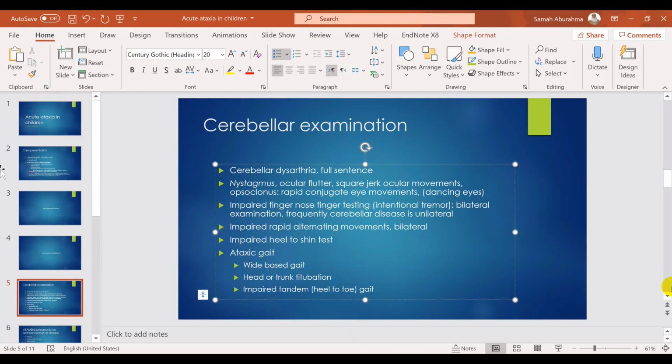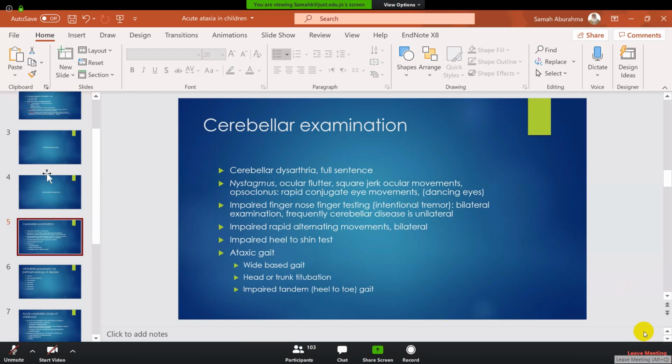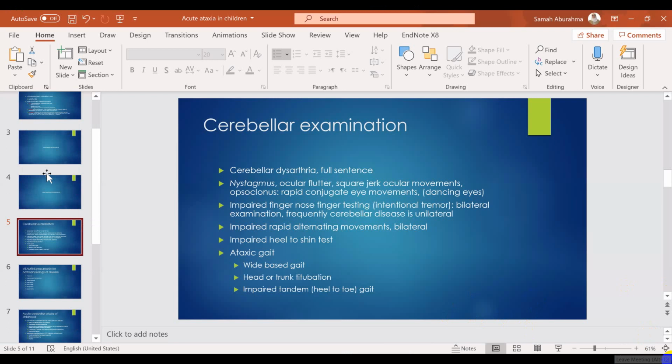All right. So, we talked about the patient. We mentioned that he presents with impaired gait. He presents with refusal to walk. When we took the history and did the examination, the patient is not in pain. The patient does not appear to have weakness. On examination, he's able to turn over in bed. He's able to sit up when he's laying down. He's able to stand up from the ground if he sits down.